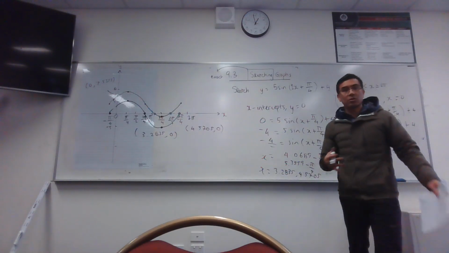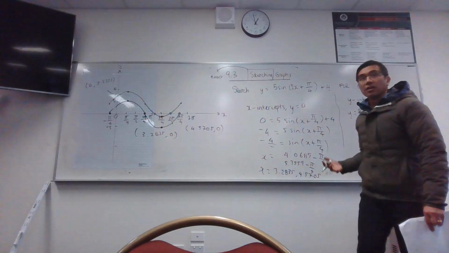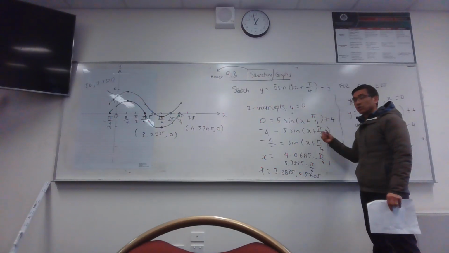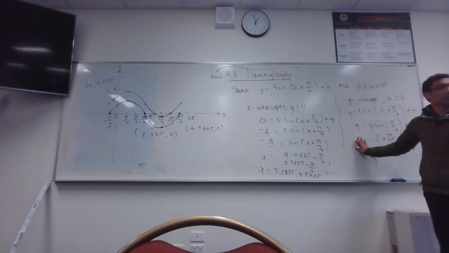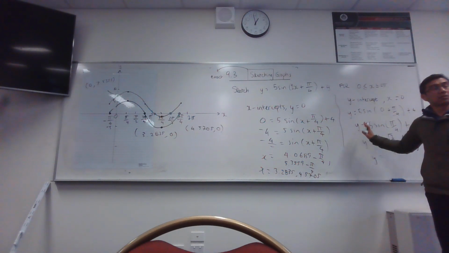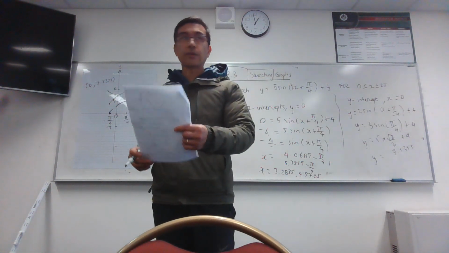Obviously, if the SAC, which I'll clarify later, is non-calc, you're going to have to do everything using the triangles that you know in your head and leave things in exact values.